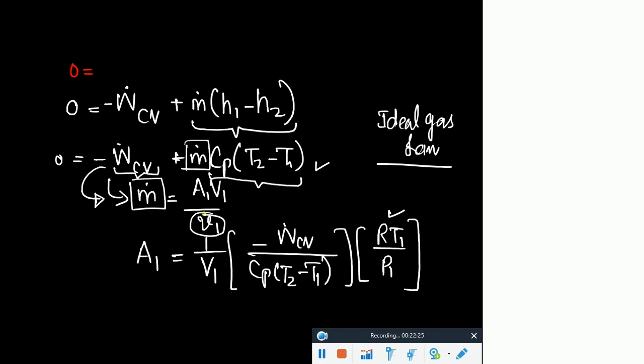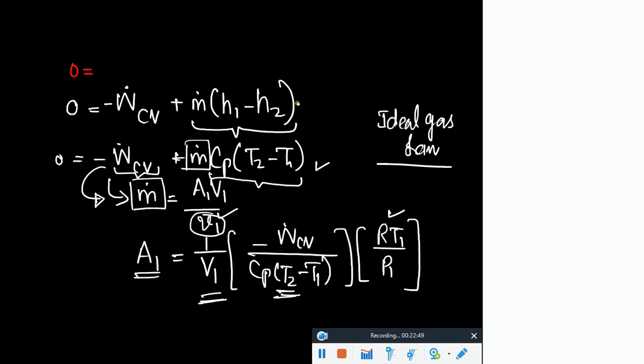RT. Because this information is given to you, so instead of finding V1 from the thermodynamic tables, you can always use the ideal gas relation because you are using it for air. So you know V1, you know T2, and you can have at least A1.